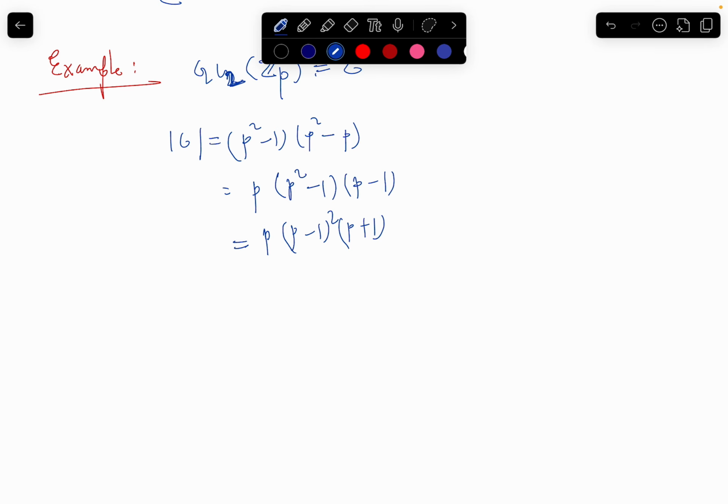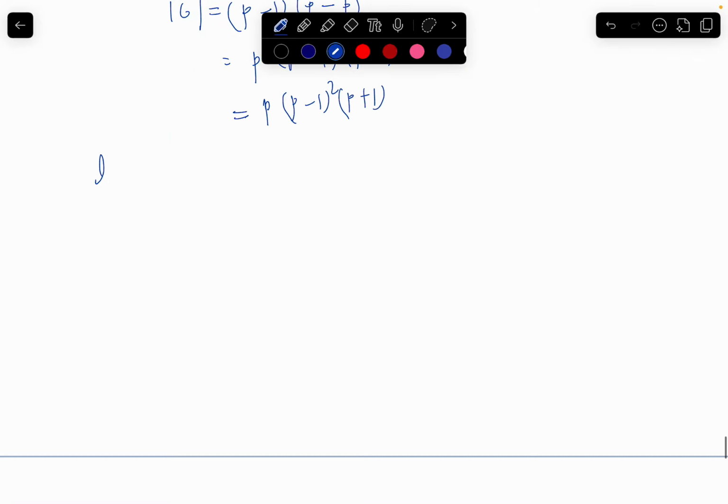Suppose, just as an example, that l is a prime such that l divides p minus 1.